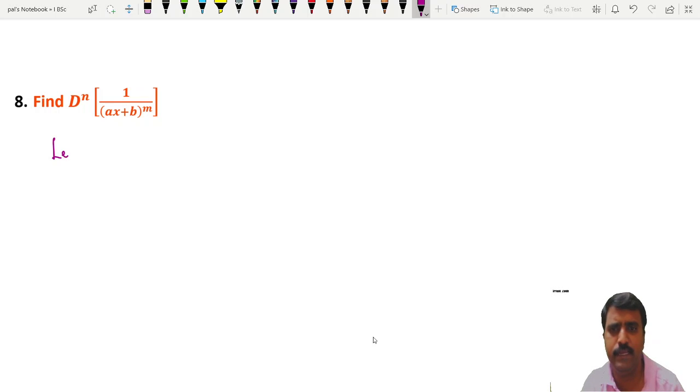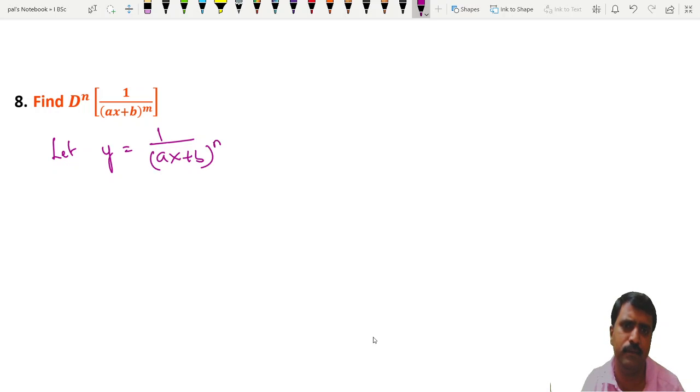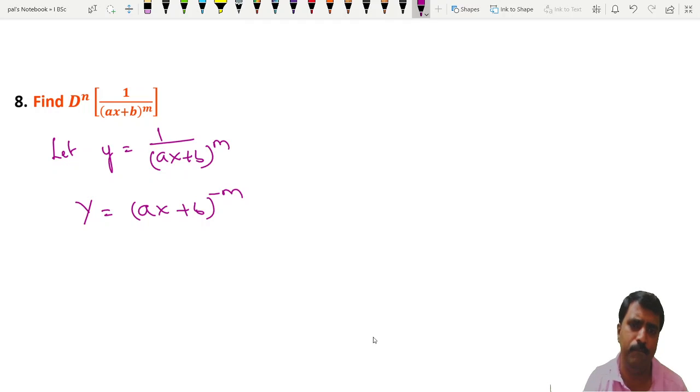So now you take the function, let y is equal to 1 by (ax plus b) to the power m, or you can write y is equal to (ax plus b) to the power minus m.